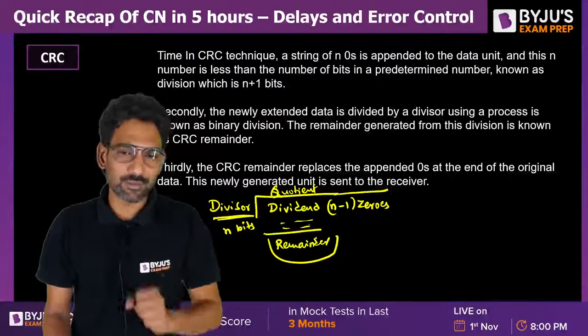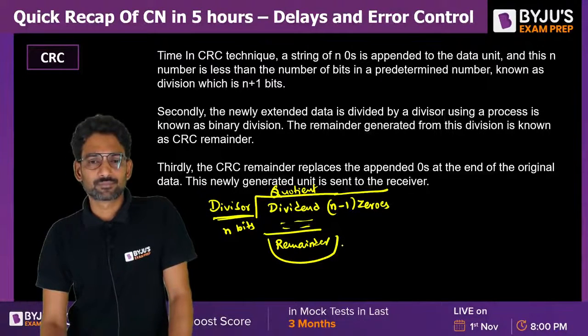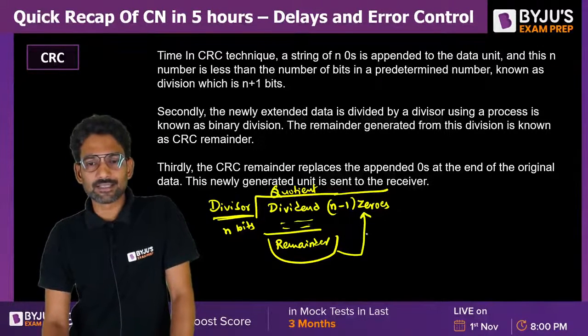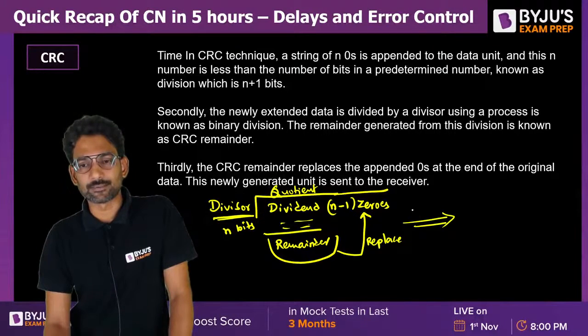So you will get some remainder. Then replace those zeros with this remainder and send.